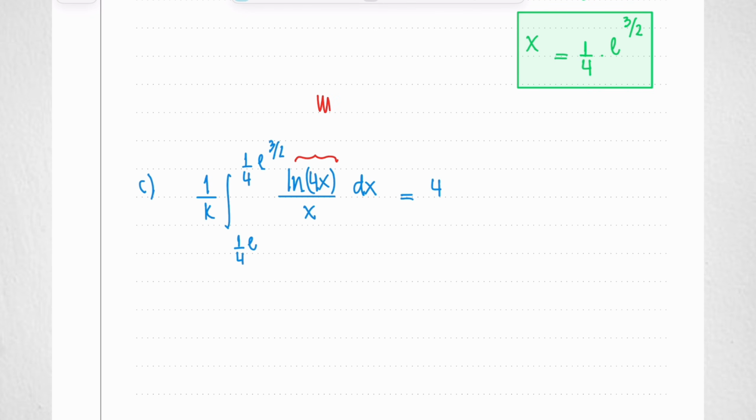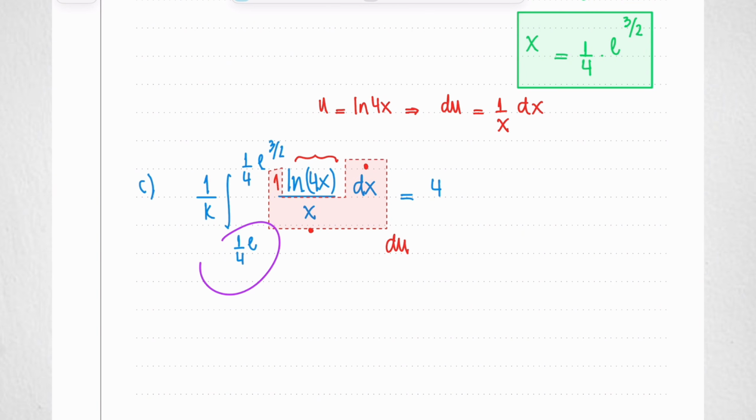We can call u ln of 4x, and we know that du, we found it before, is 1 over x dx, which means that it shows up right here. So this is our du. Don't forget to replace the upper and the lower bounds. For x equal to 1 over 4e, our new u will be ln of 4 times that, so ln of e, which is equal to 1.